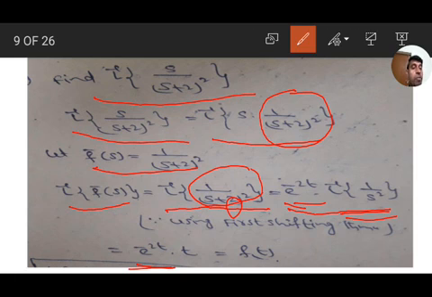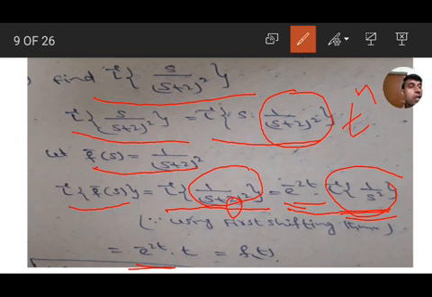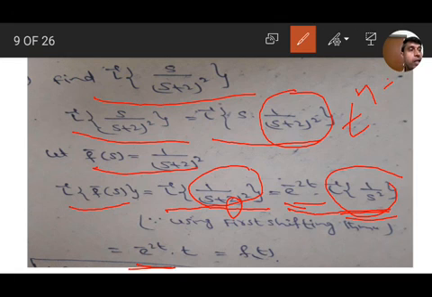E to the power of minus 2t is as it is. L inverse of 1 by s square means L inverse of 1 by s to the power of n, that is t to the power of n minus 1 by n minus 1 factorial. Here n equal to 2, so t to the power of 2 minus 1 by 2 minus 1 factorial, that is t to the power of 1 by 1 factorial, that is t.